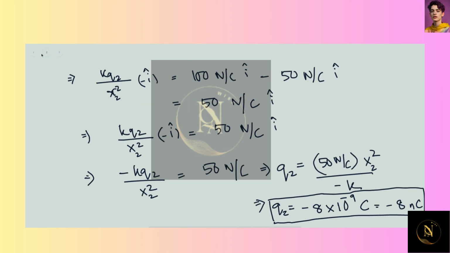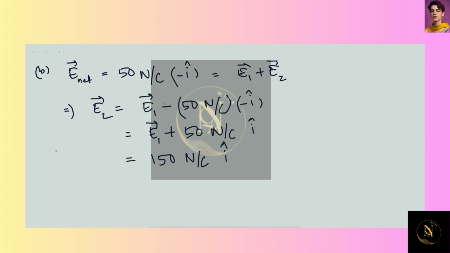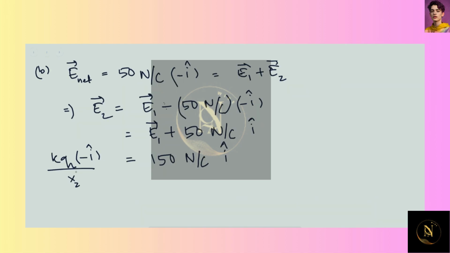And E2, let's substitute E2 as well. So E2 is kQ2 negative i cap over x2 square. So from here we find Q2. So again cancel the direction i cap and i cap because we just need the magnitude. And Q2 will be equal to 150 Newton per Coulomb times x2 square over k.